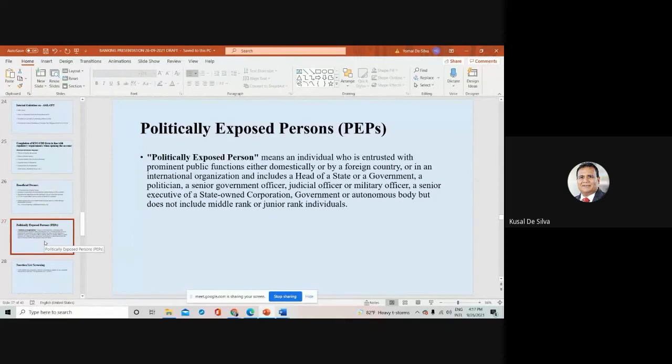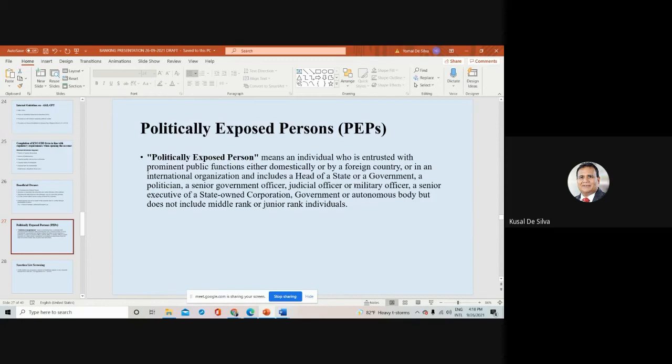Like if you say brigadier or similar senior officers, they will also fall into the PEP category, even though they are not physically involved in politics or a member of parliament. A judicial officer is not a politician, but under PEP, a judicial officer will fall into this category. A military officer is not a political personality, but as far as I can remember, officers above brigadier will fall into the PEP category.